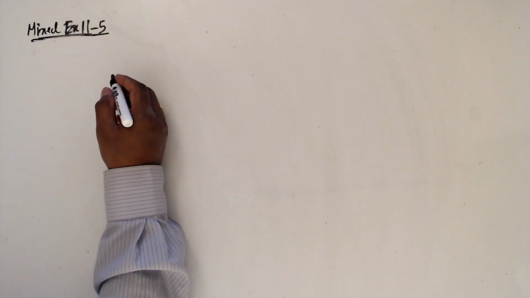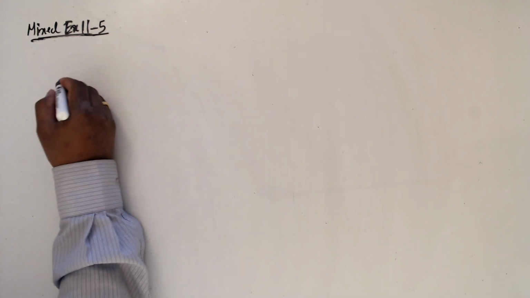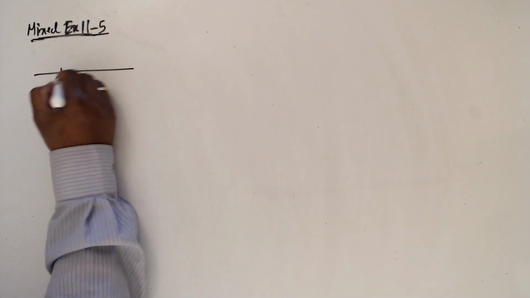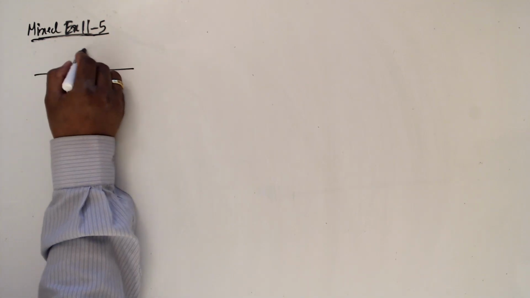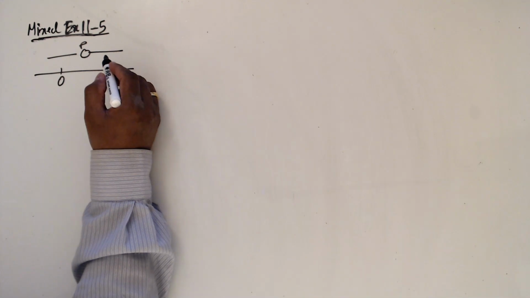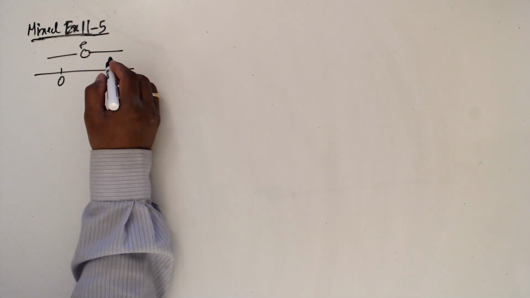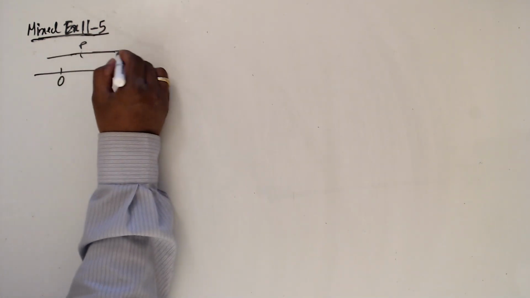Question number 5. A particle P passes through a point O. This is the point O. The particle P moves in this direction in a straight line. Assume the particle is in here.